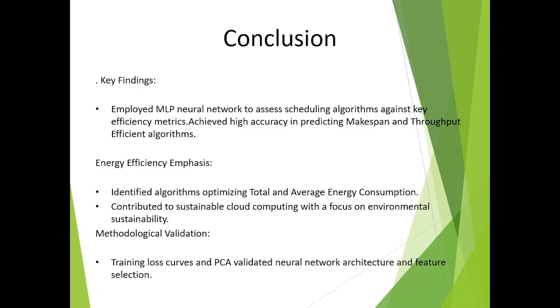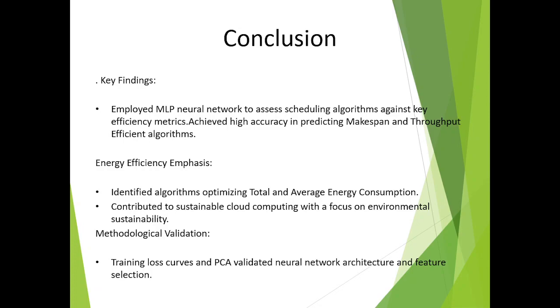This tells us that we have not disrupted the traditional way of judging task scheduling algorithms. But now, when we introduced energy efficiency emphasis, we identified algorithms optimizing total energy consumption and average energy consumption per task. So this contributed to sustainable cloud computing with a focus on environmental sustainability.